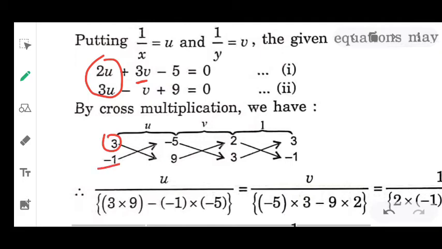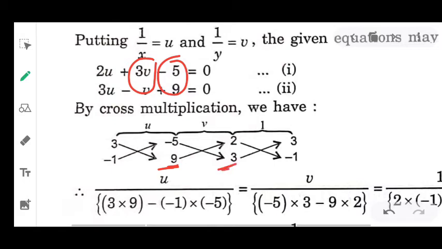Then the constant part is minus 5 and 9, so write down minus 5 and 9 here. Then moving to v, remove the part which contains the variable v. So remaining are minus 5 and 9, the constant part which is already written here. So write the coefficient of u, that is 2 and 3. Next constant, remove the constant part minus 5 and 9, then remaining are the coefficients of u, 2 and 3, which are already written here.